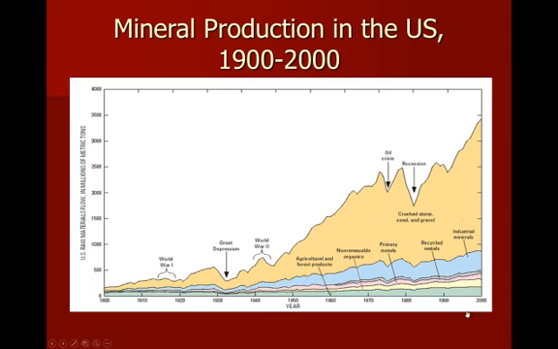Use some critical thinking here. Why have we gone from less than 200 metric tons per year to almost 3,500, probably over 3,500 now, just in the United States?